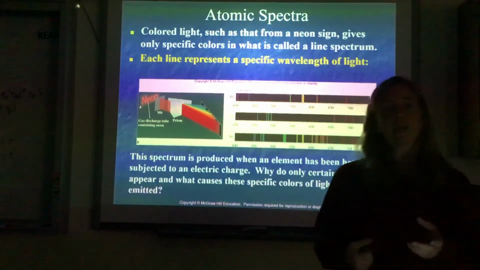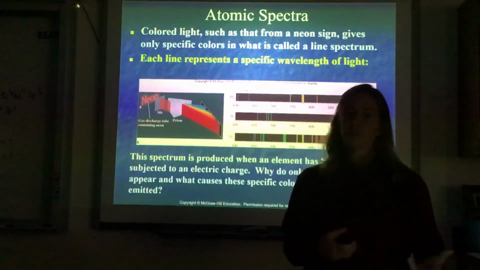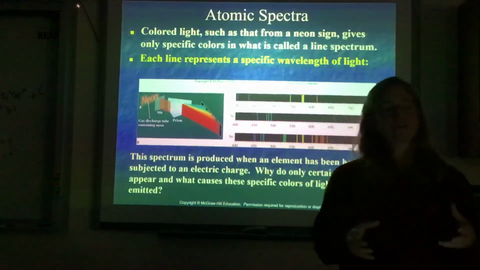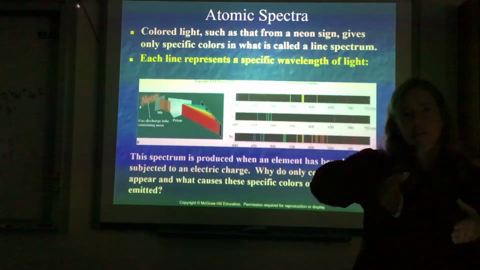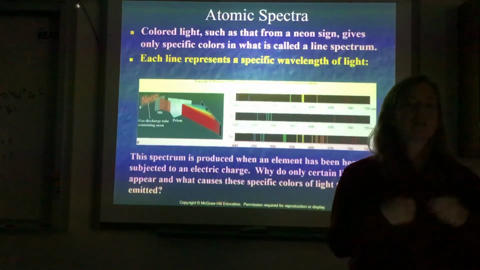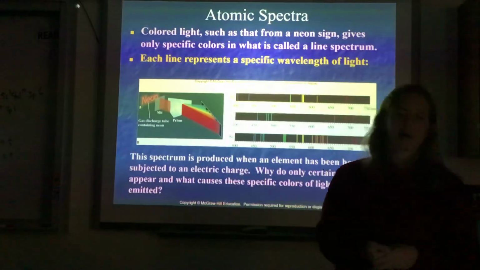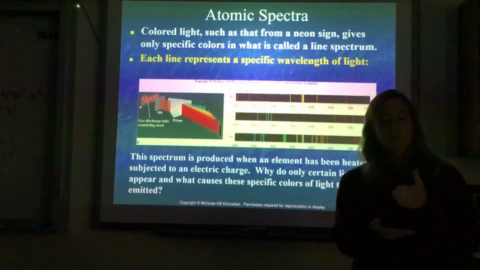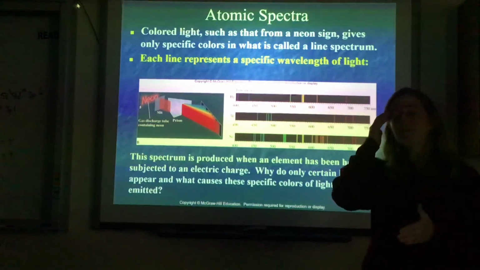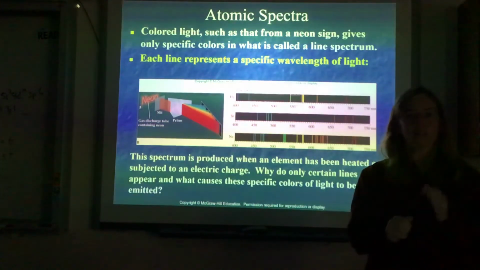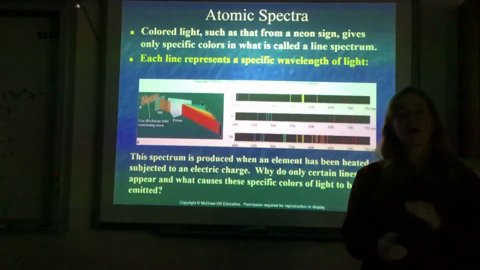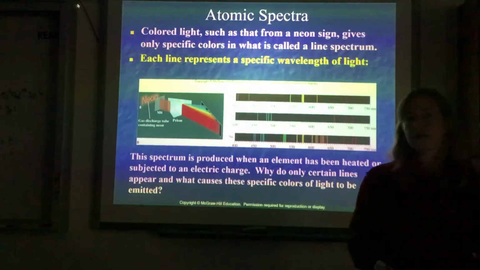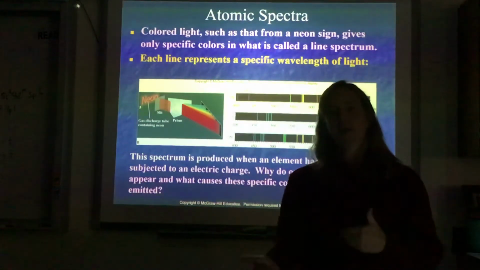But if you take a prism or you take those firework glasses and you look at a neon sign, it's actually going to act as a prism and diffract that into specific discrete lines, which is the emission spectrum for that particular element. So each line represents a specific wavelength of light, where that electron has jumped to at that point. So depending upon how far that electron has jumped in energy level will determine the color of light being emitted.